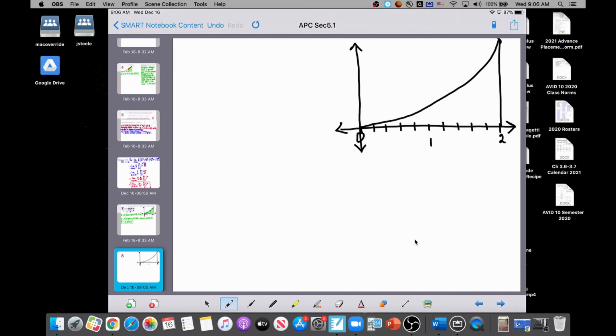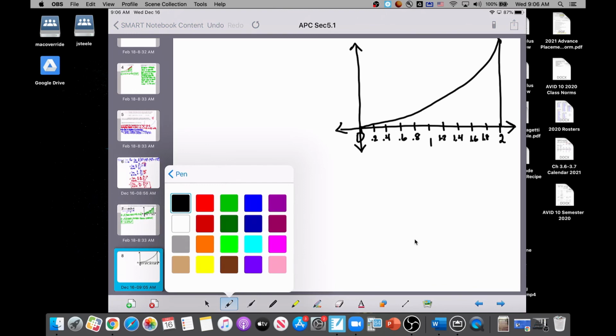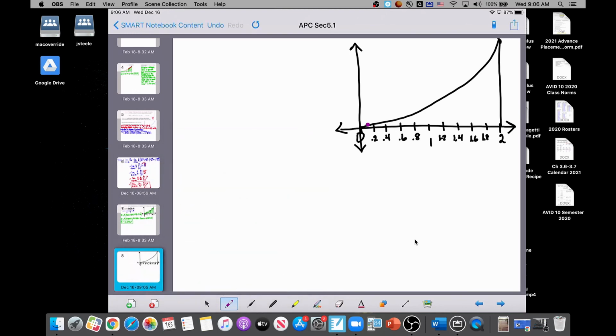Each of these are 2/10, right? So 0.2, 0.4, 0.6, 0.8, 1, 1.2, 1.4, 1.6, 1.8, and 2.0. And when we draw our rectangles, our midpoints are going to be at the odd decimals, right? So our heights are going to be at 0.1, 0.3, 0.5, 0.7, 0.9, 1.1, 1.3, 1.5, 1.7, and 1.9.